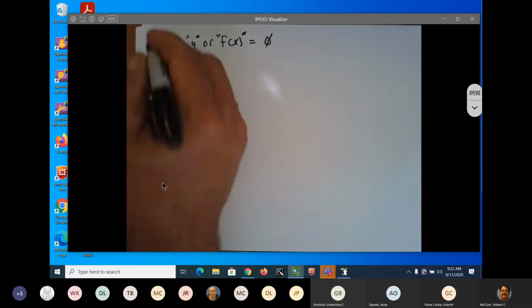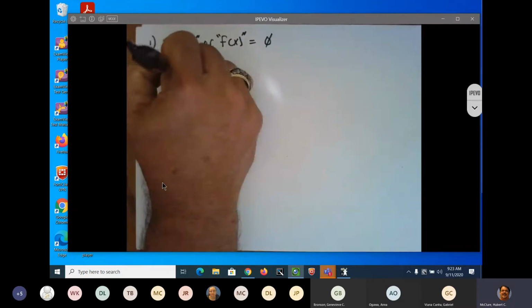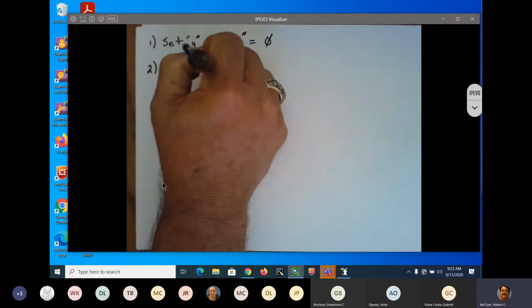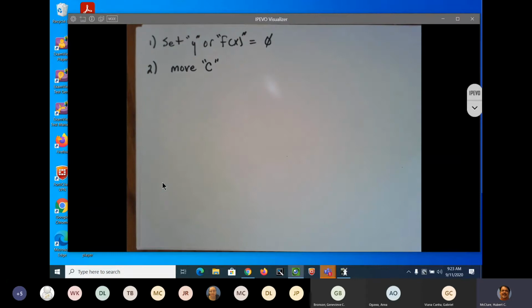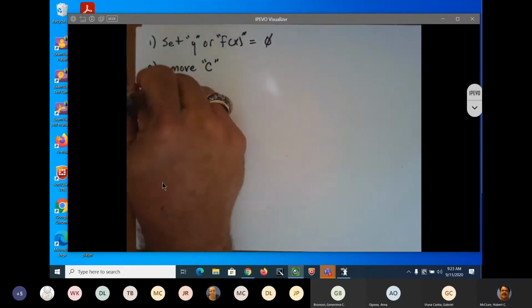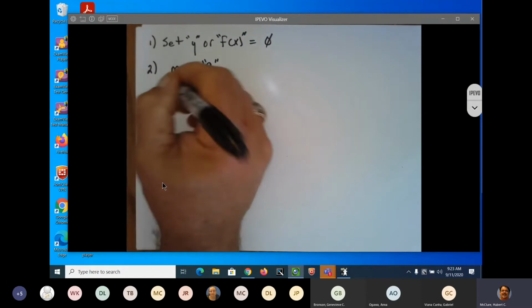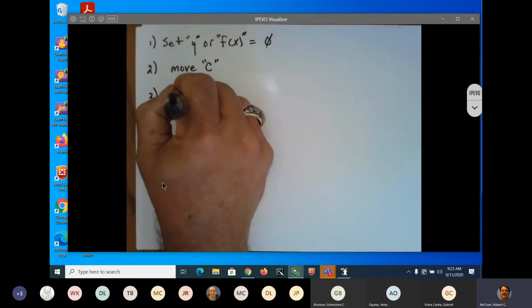2, move C. Okay, C should be on one side, ax squared plus bx should be on the other side. 3, make sure that a is equal to 1.